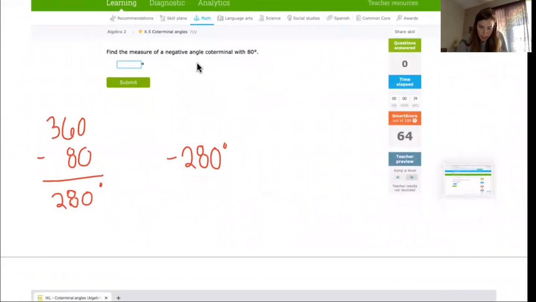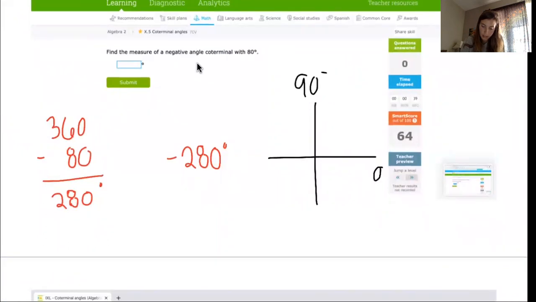Find the measure of a negative angle coterminal with 80 degrees. Okay, so again, if I draw 80 degrees, this is 90, right? And this is 0. So 80 degrees is going to be something like that. Now the negative version of this, I'll show in blue.